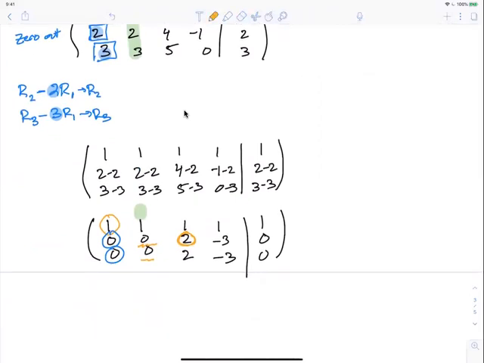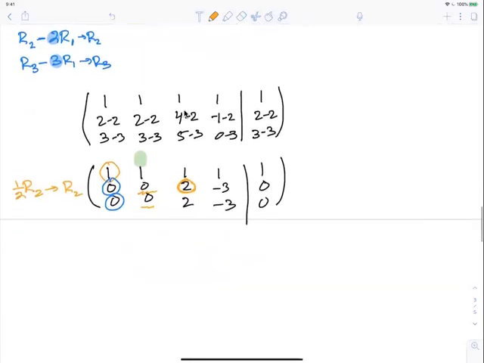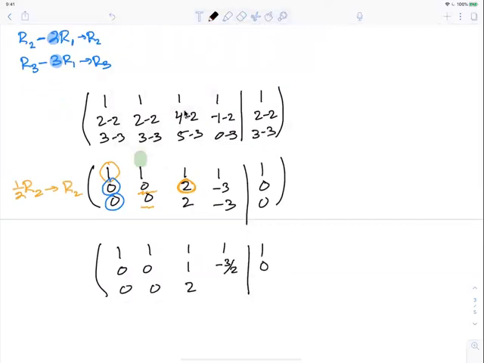Now we're going to scale that one. So we need to scale that one by half. And now we're going to zero out the one right below it.